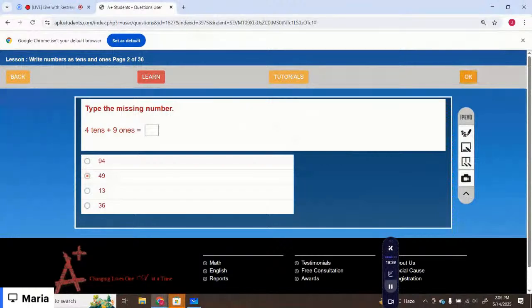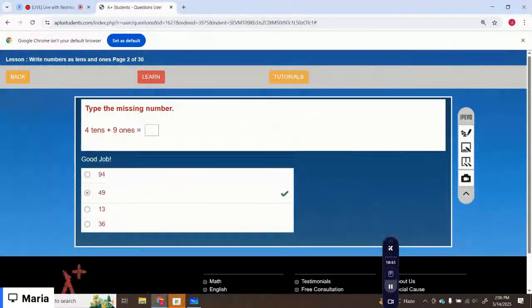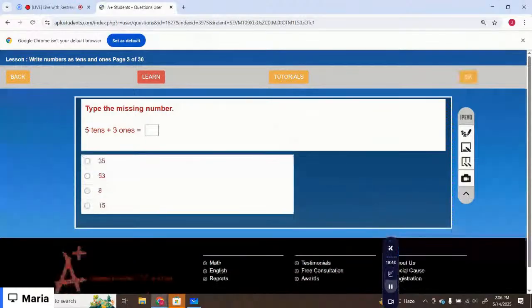Next, type the missing number: 5 tens and 3 ones. Which number do they make together? 5 tens and 3 ones together make 53.